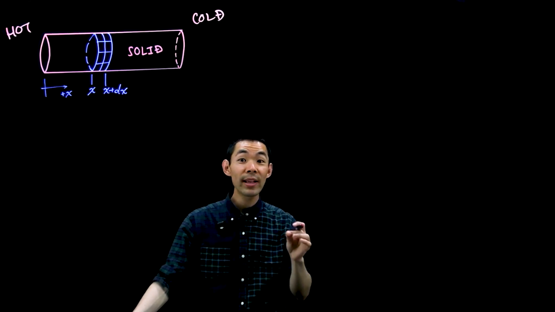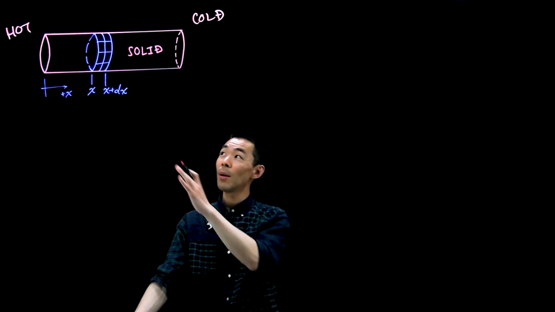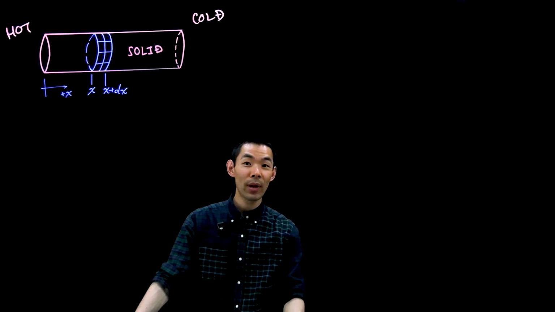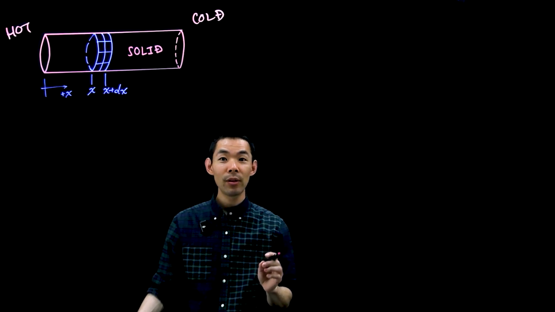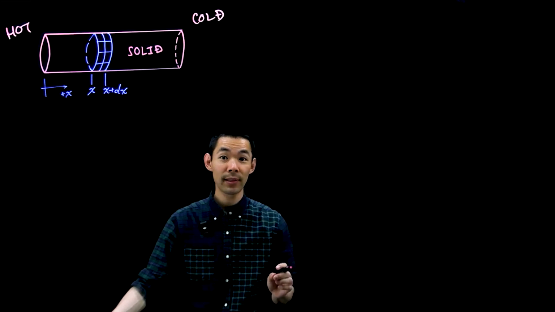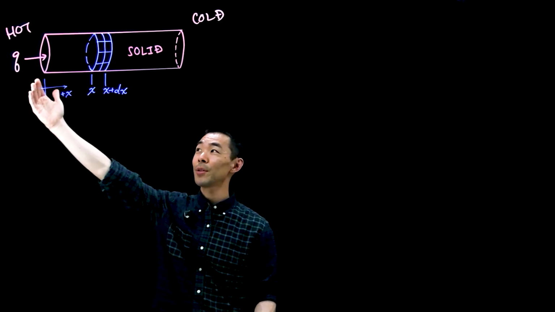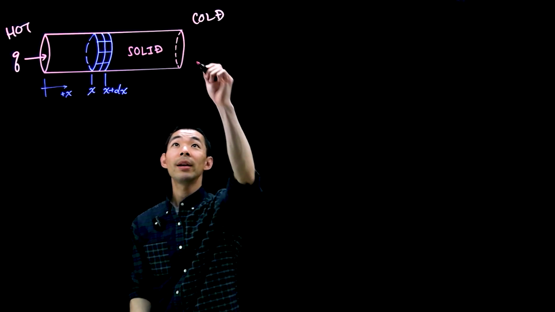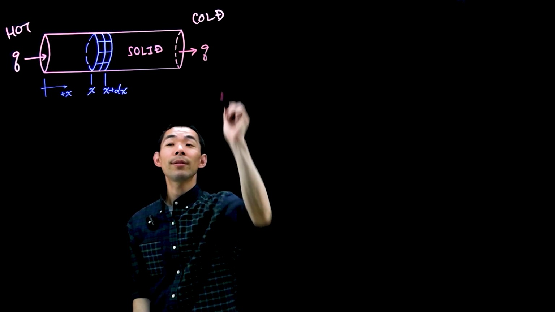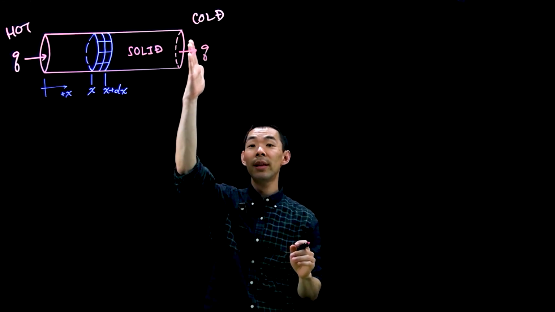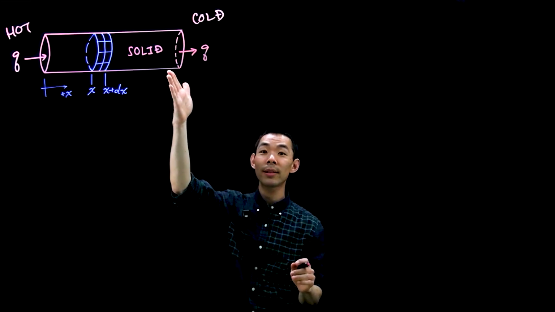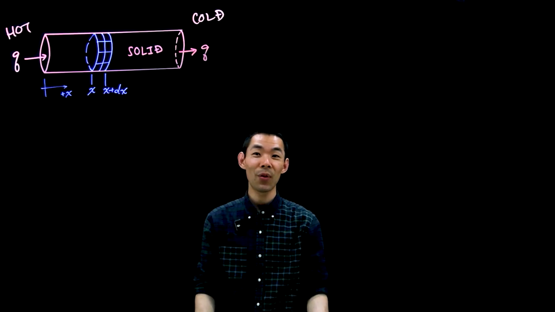So there's going to be a transfer of heat from the left over towards the right. And that's going to be described using what's called a heat flux. And that's denoted by the letter Q. So there's heat flux coming in from the left, and of course, there's going to be heat leaving from the right boundary of the solid substrate into the cold reservoir.